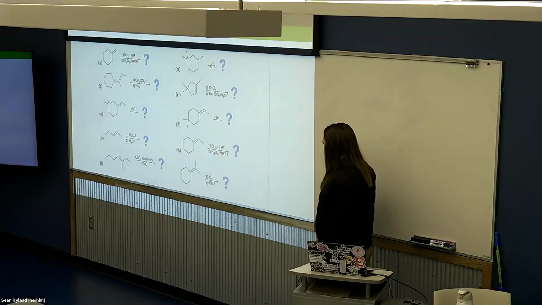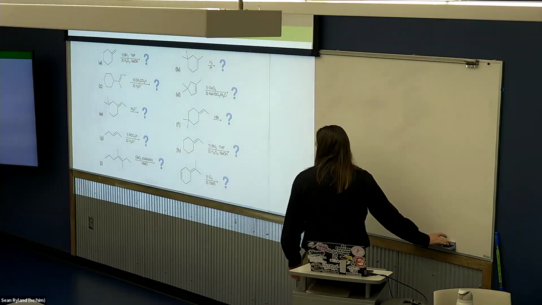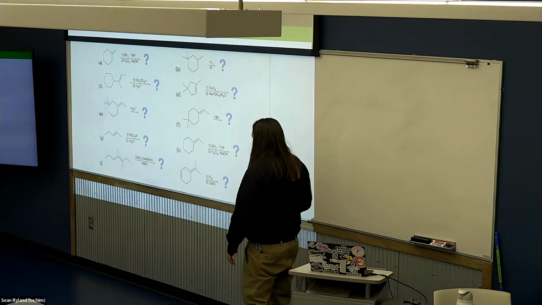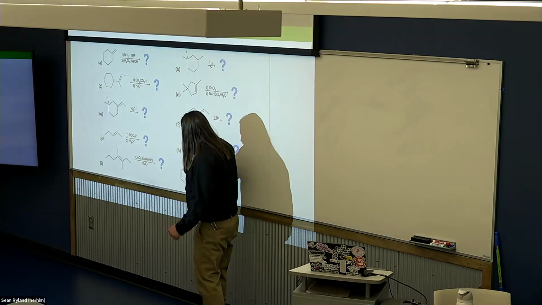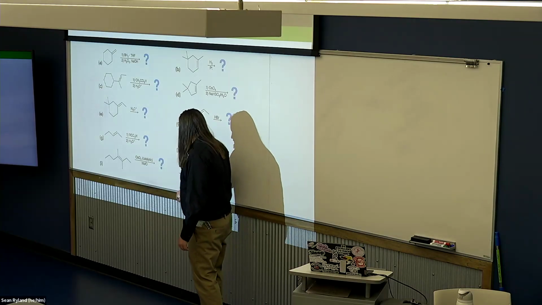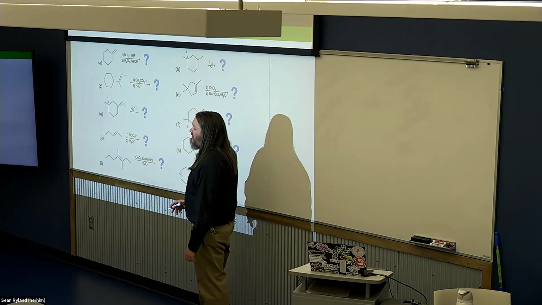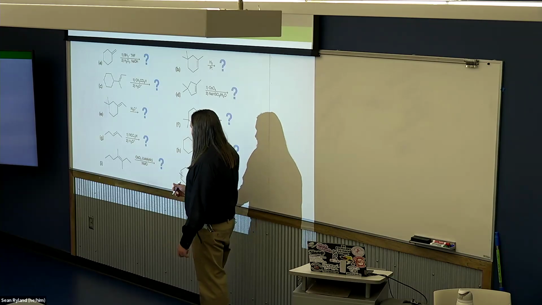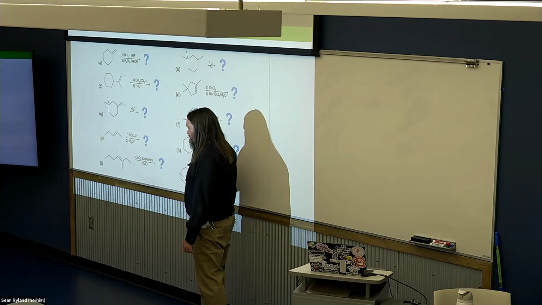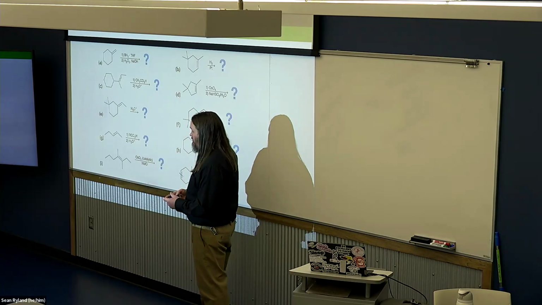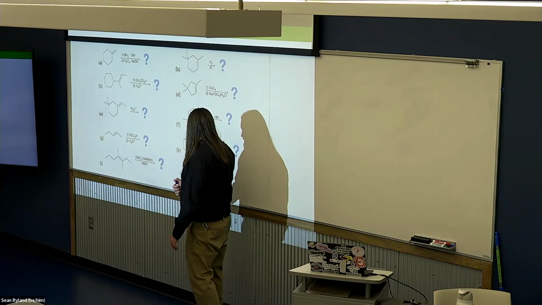So this one's a little bit tricky in that it has 2 pi bonds. So we're going to have 2 products. Bingo. You're going to have 2 products no matter what with these, but 2 different ones, not just reverse. It's not symmetrical. Yeah.